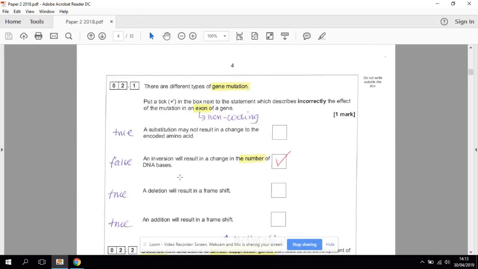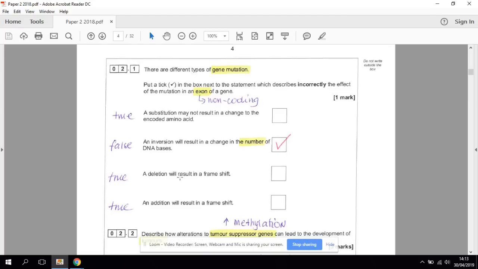Next question, it's about mutations. So we need to put a tick in the box next to the statement which describes incorrectly the effect of a mutation in an exon. What's an exon? It's a coding sequence. So true: a substitution might not result in a change to the encoded amino acid. True, false.